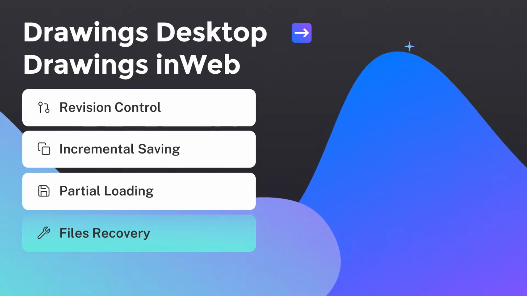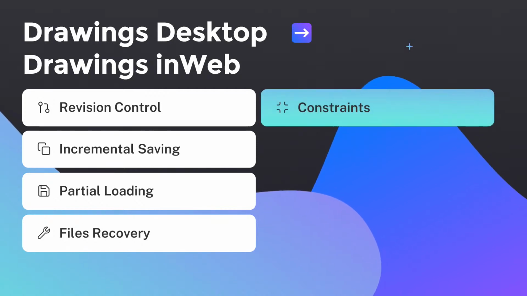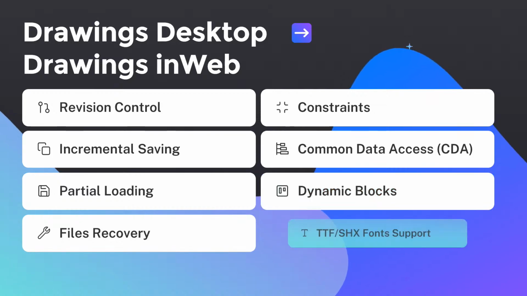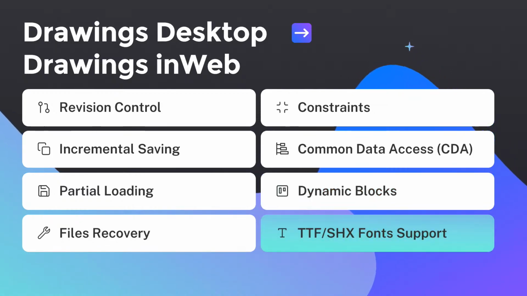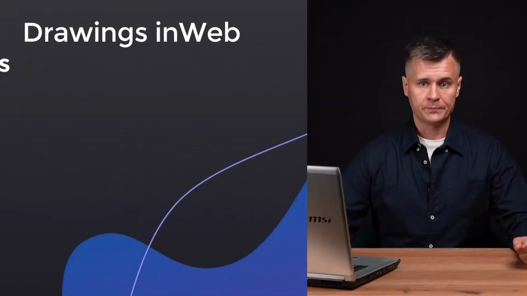Sometimes it happens so that the files are corrupted, constraint support, common data access, dynamic blocks, and font support. So all those capabilities are already migrated and are available in the drawings in web that will be released shortly.